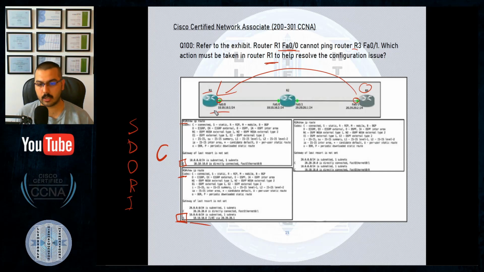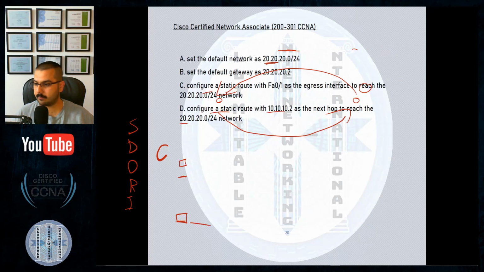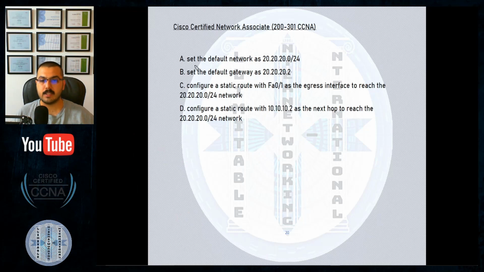But you know in static routing we should also log into R1 and send our static route back to 20.20.20.2, and its next hop will be either this IP address or egressing this interface. So we would need to add a static route here, and that will be which option? Set a default network? No, it's not about a default network or a default gateway. We need the static route to a further network. Configure a static route. Sometimes this solution works, but not in this case.